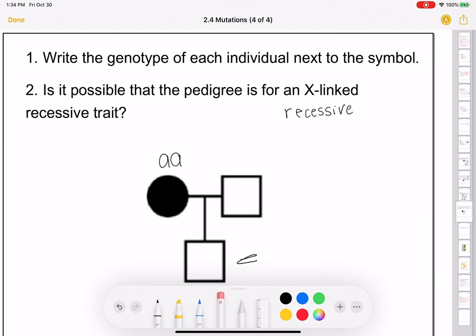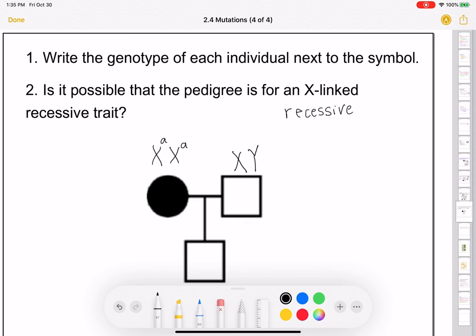Oh yeah, we're doing X-linked, sorry. So she's got two X's. If she has the disease, let's say this guy doesn't, then their son will get an, yeah, that wouldn't work. So is it possible for this to be X-linked recessive?